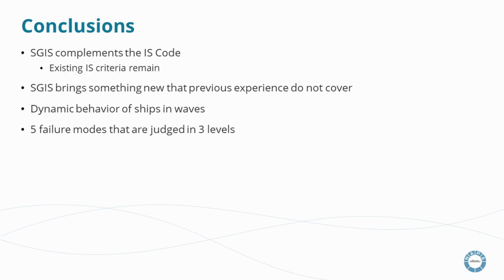To conclude, the second generation intact stability criteria complements the IS code. It does not replace the existing criteria. The second generation intact stability criteria brings designers something new that previous experience do not necessarily cover. The second generation intact stability criteria is for dynamic behavior of ships in waves and is judged in 3 levels.